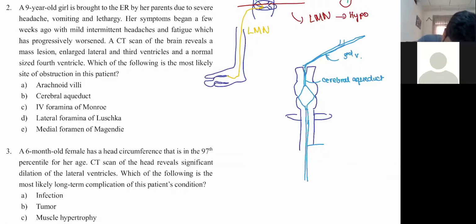And from there it moves upwards, forward and back. We didn't discuss this yet. This is the lateral ventricles or the second ventricles.